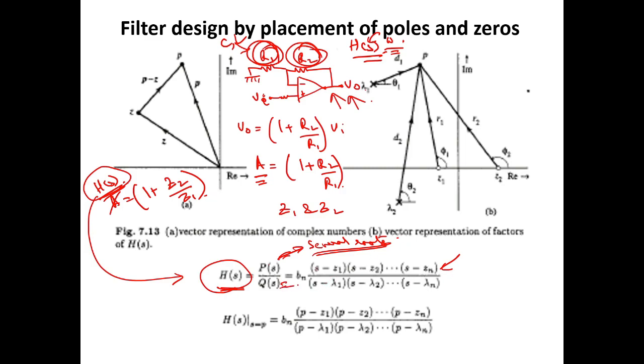Similarly, for Q(s), we will have several roots, and we have put the equation in this factored form so that we can identify the roots in a specific way. Apart from this, there is one constant, Bn. Now, what is this constant? This constant is the frequency independent constant.